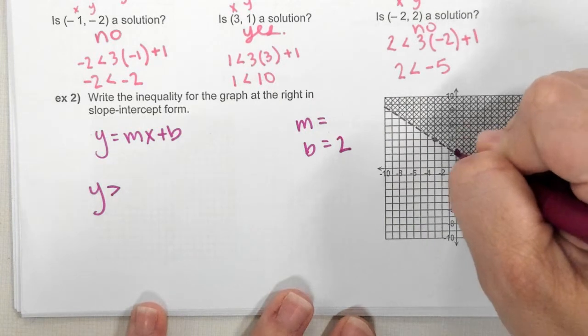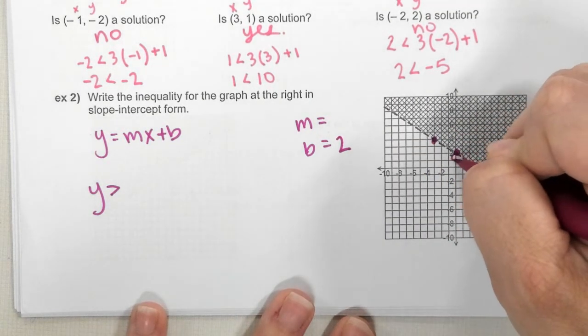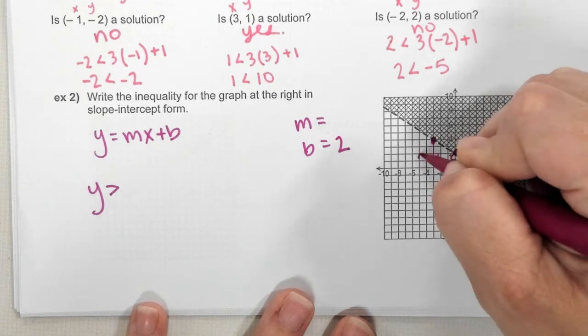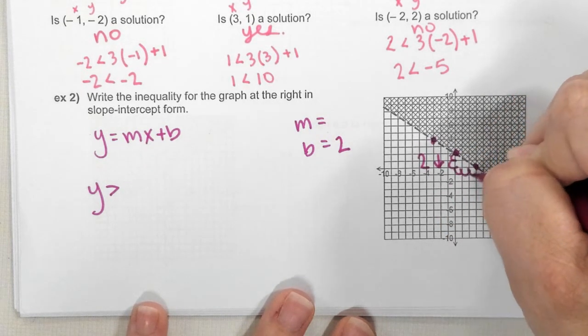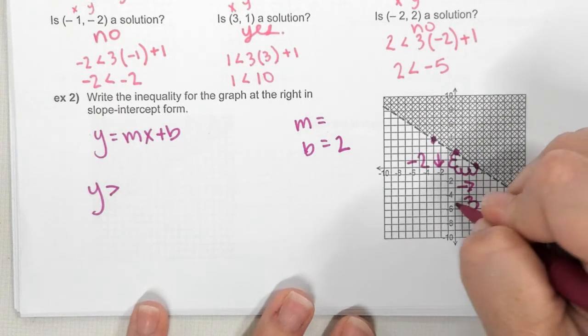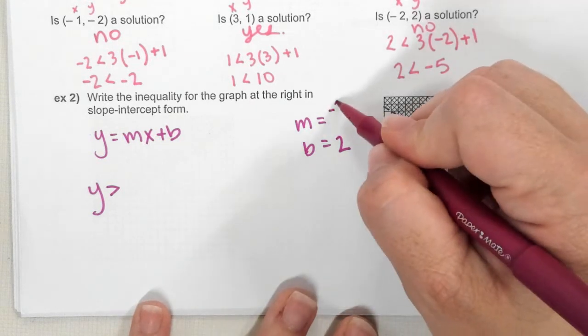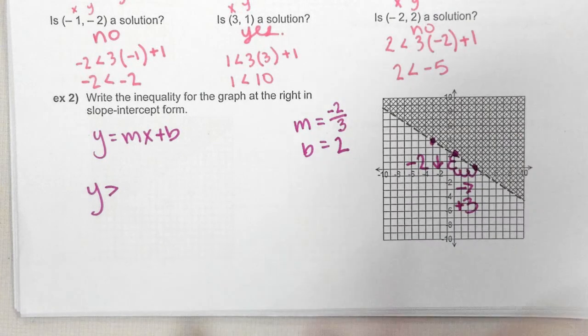And I have all my pretty points plotted, or most of them, and so I'm going to go down 2, right 1, 2, 3. Now, down is negative, but right is positive, correct? So what would that be for my slope? -2/3.